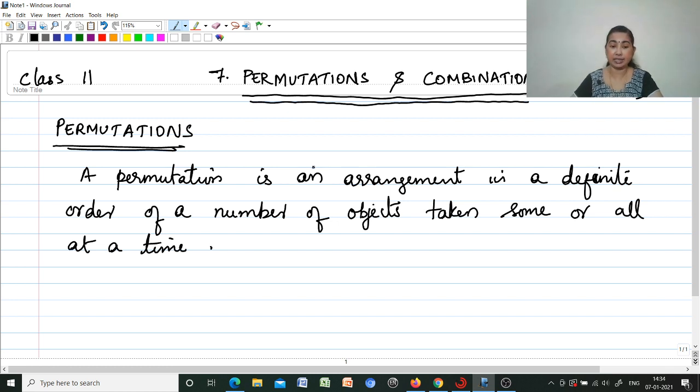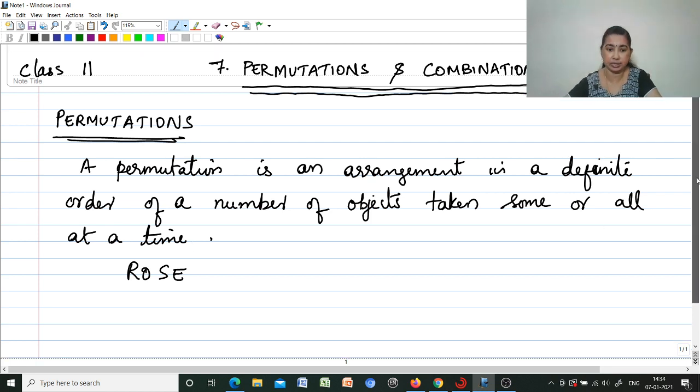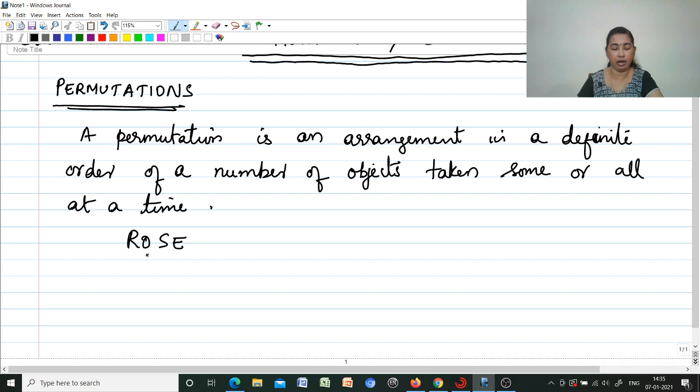In the previous example, in the last video, we took one example, ROSE. So there are different possible arrangements for these letters. ROSE can be arranged in some other way, ROES or REOS. Like that, so many different arrangements are there.